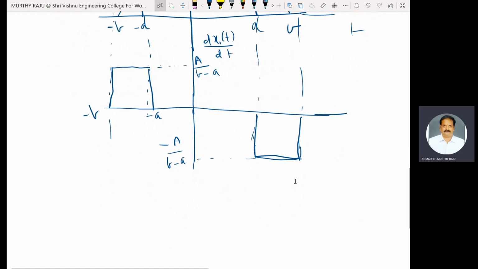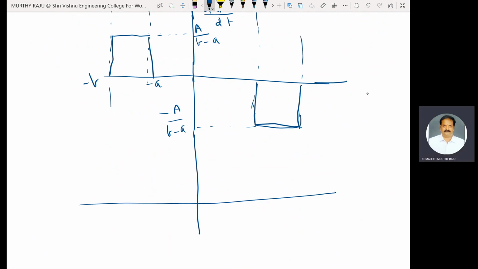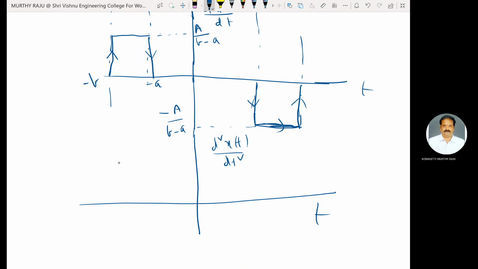Coming to the next differentiation, this one is d square x of t by dt square. This is rising, constant, falling. This one is falling, this one is constant, and then falling, constant and rising.